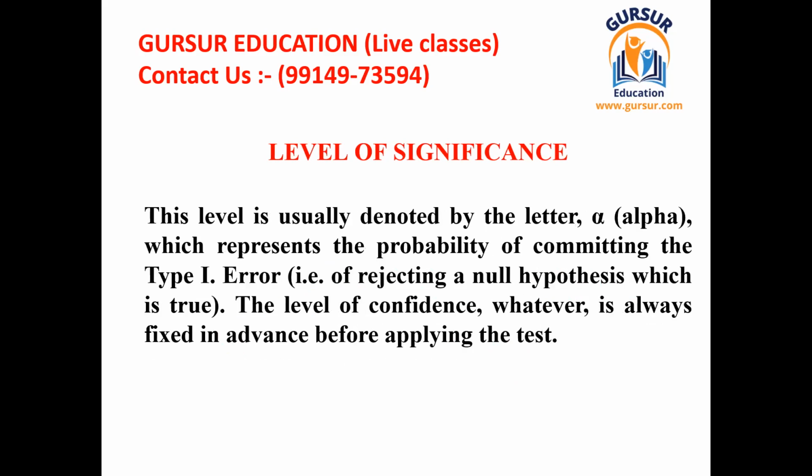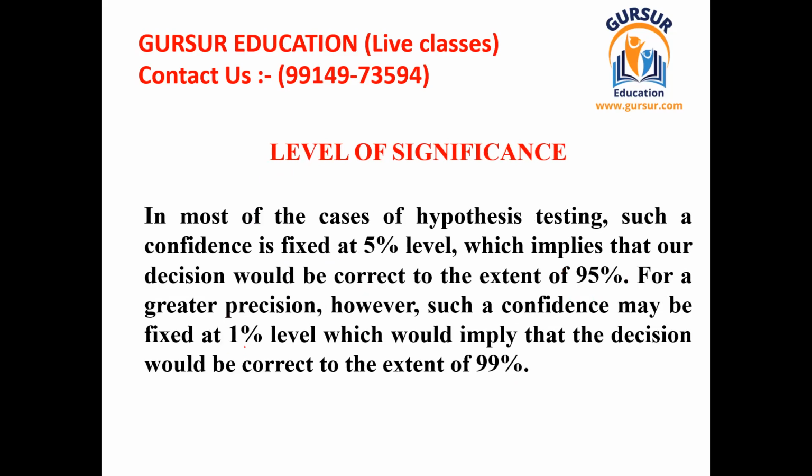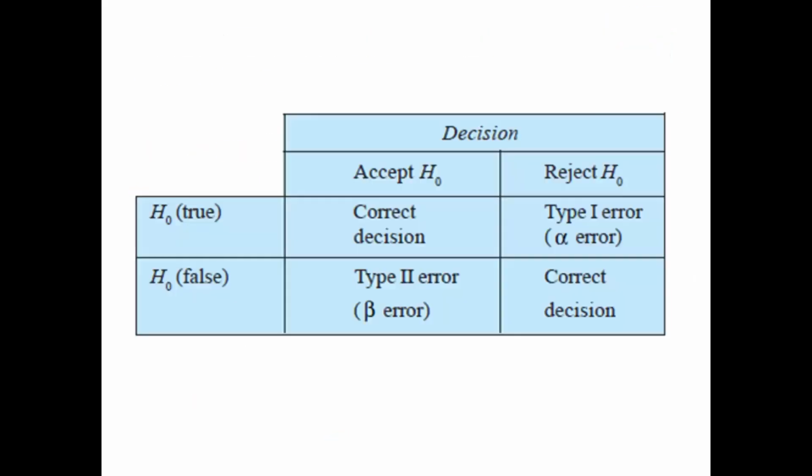I told you that you can be wrong sometimes. See this again. I told you that your null hypothesis can be true, but mistakenly you reject it. This is type 1 error. Why do you commit this mistake? You could ask me this question. You commit this mistake only due to that level of significance.